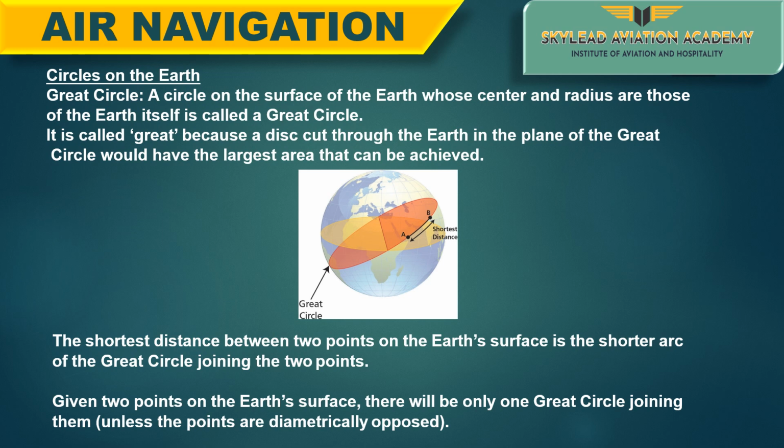The shortest distance between two points on the earth's surface is the shorter arc of the great circle joining the two points. Given two points on the Earth's surface, there will be only one great circle joining them unless the points are diametrically opposite.